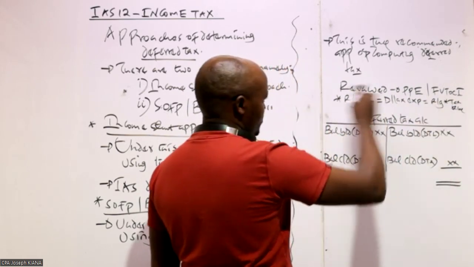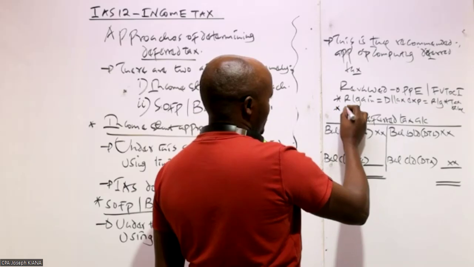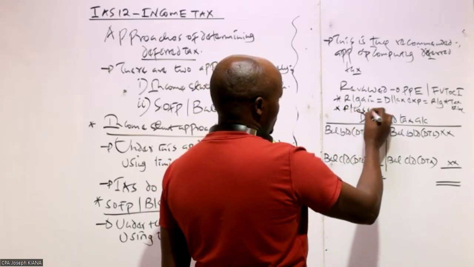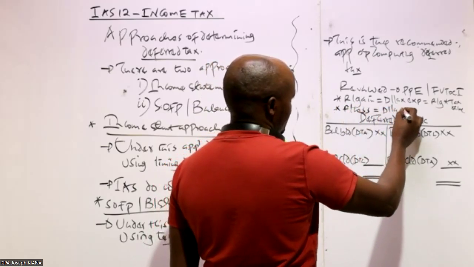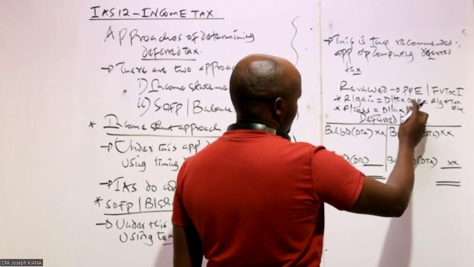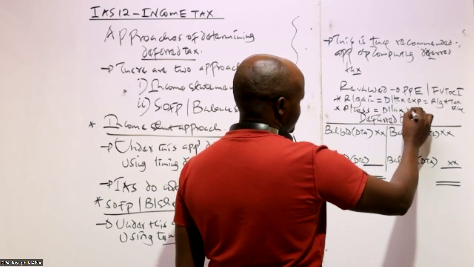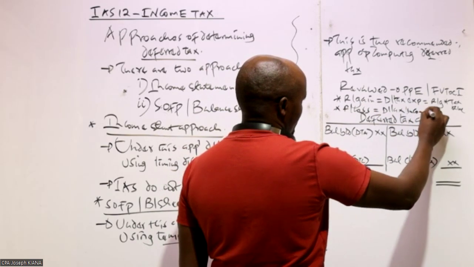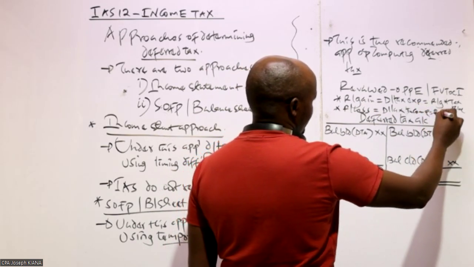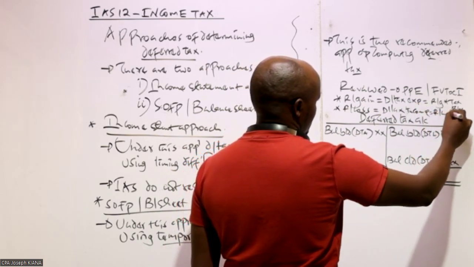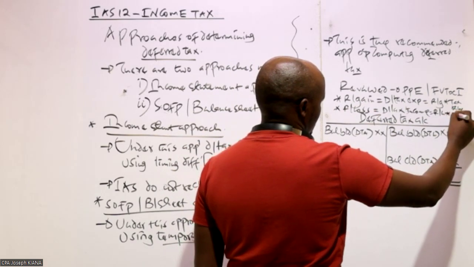In case these two items of asset were revalued and there was a revaluation loss, we compute a deferred tax income equally, by taking the revaluation loss times the tax rate.